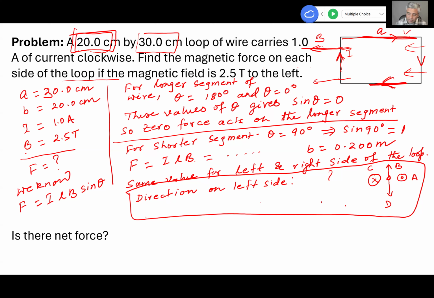Choice A, this dot means it's coming out of the screen, and cross means going into the screen, which is choice C. B means just going along the wire, in the direction of current, and D is opposite of that. So these four choices. You have a minute for that.